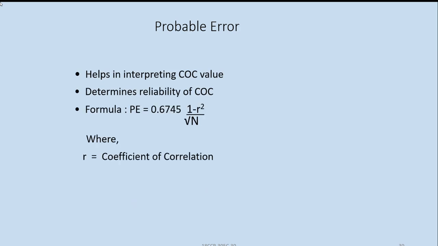Now we will understand what is probable error. Imagine when we were calculating averages and measures of dispersion, in all these calculations, sometimes we have taken round figures.